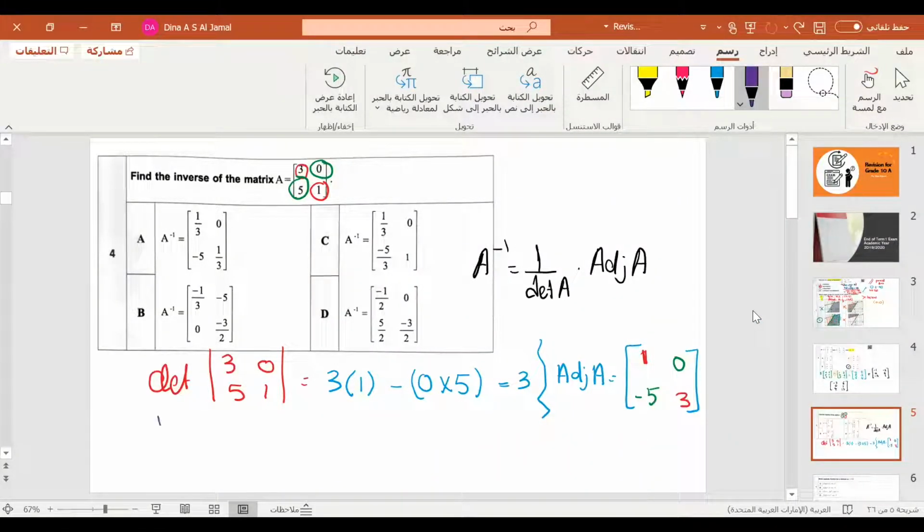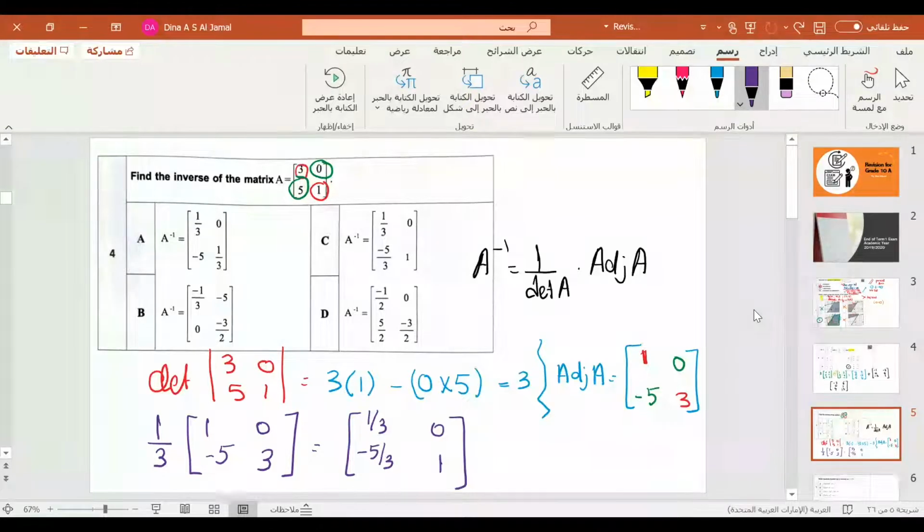So you will have 1 over 3, 1 over the determinant, multiplied by this adjoint. If you multiply them, you will have 1 over 3, 0, minus 5 over 3, and 1. And this will be your option C. So you can pause, solve it, and check with me.